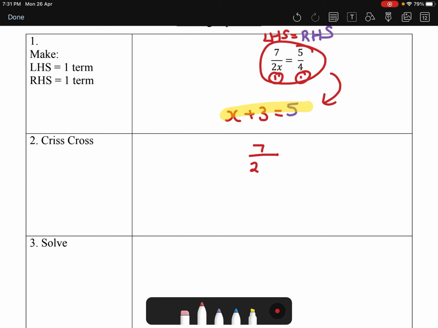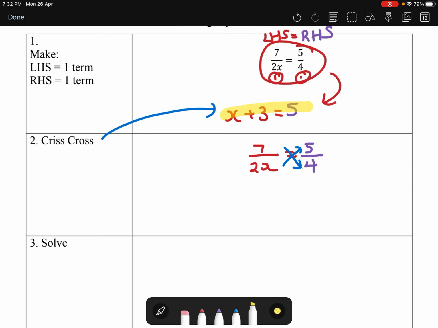If you remember your crisscross, 7 over 2x is equal to 5 over 4. I cross here and I cross here. The purpose of my crisscross is to make my equation into the form x plus 3 equals 5.